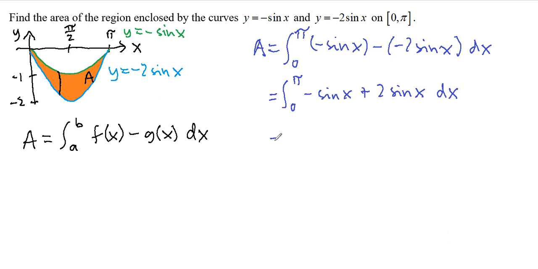We can readily find the antiderivative, which is cosine x for negative sine x, and negative 2 cosine x for positive 2 sine x. We still need to evaluate this on the interval from 0 to pi.